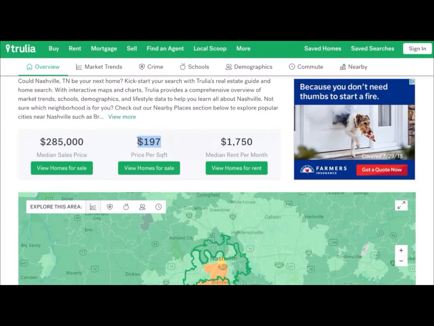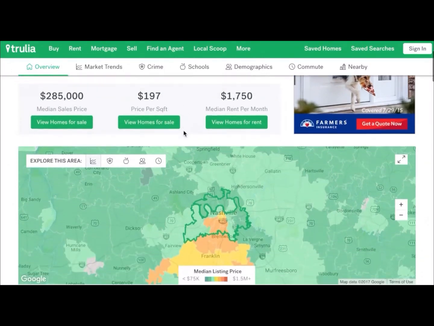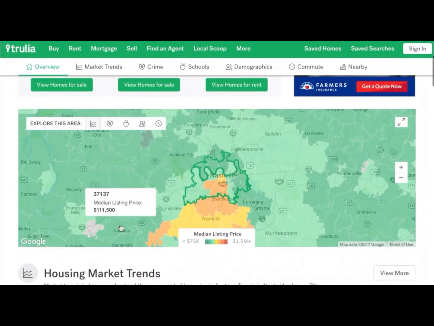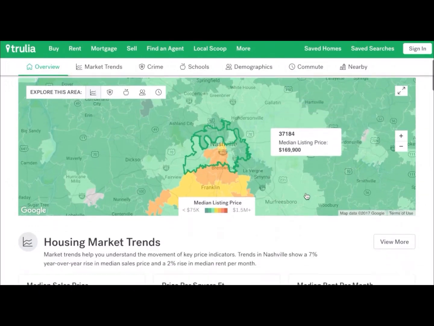Does that make sense? Okay, so we'll come back to that some more. But basically what this research is telling us is that the price per square foot is $197. Here's your average rental income. And then if I scroll down here, you'll see it shows me this heat map of the market.